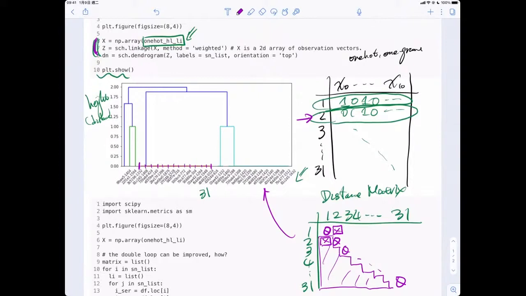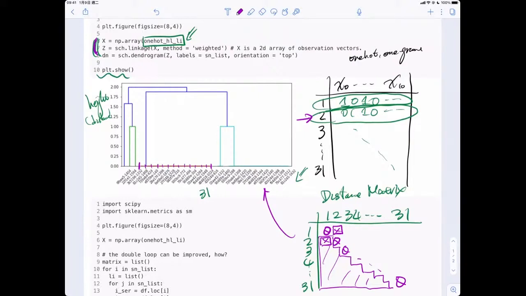So maybe if you would like to preserve the order relationship, you can use 1 hot 2 gram, 1 hot 3 gram, 1 hot 4 gram tables to represent those original 31 data points. And further, for example, with a 2 gram 1 hot table, you can calculate the distance matrix, and then perform UPGMA to help you draw such kind of hierarchical clustering figure.